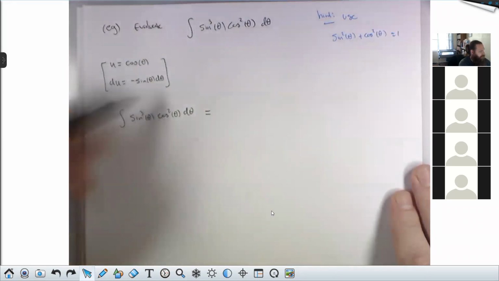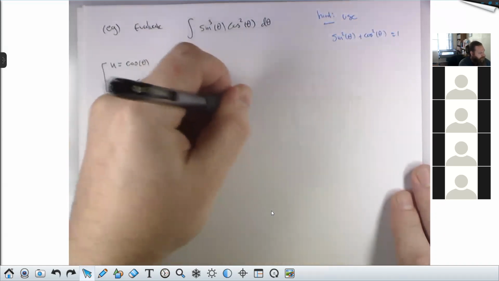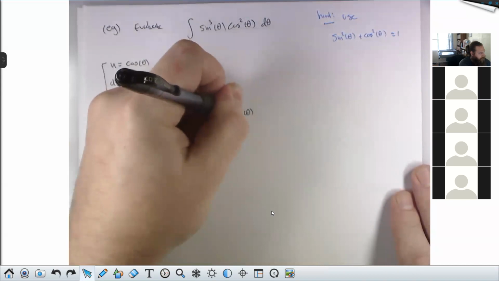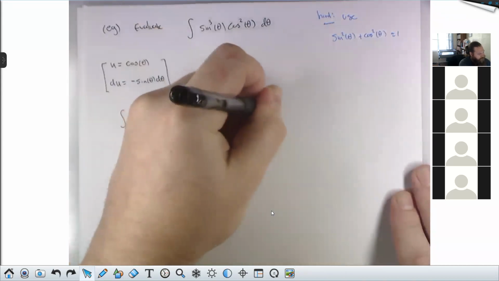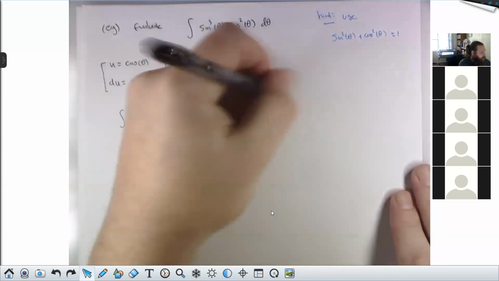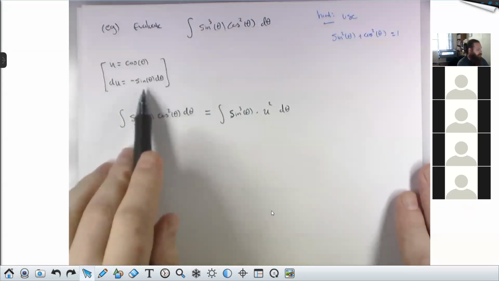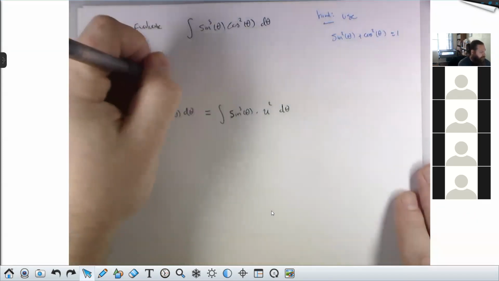Cos squared is going to be u squared. So I'd have sine cubed theta times u squared, and I'll leave this as d theta for now. Now I can take this and solve it for d theta.